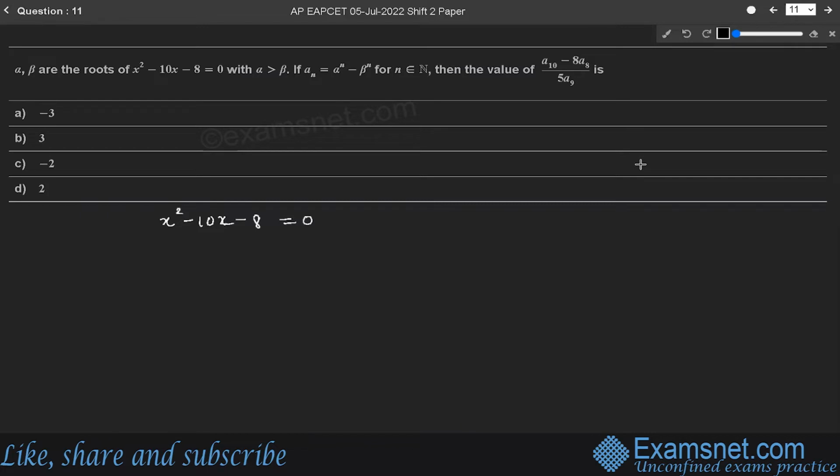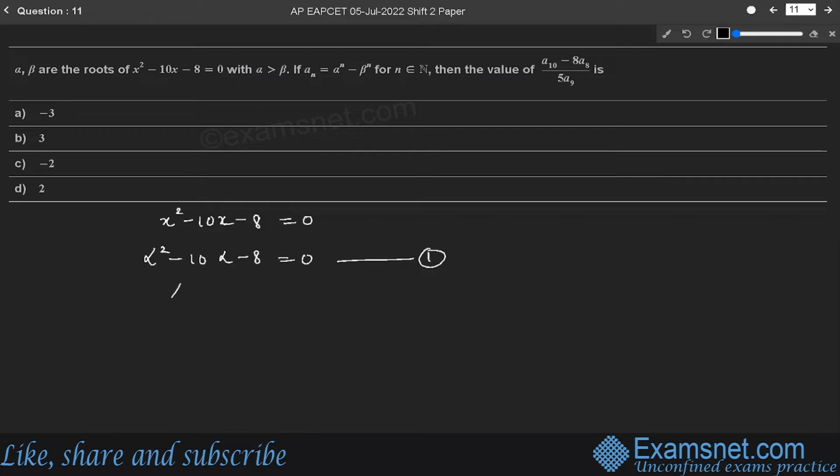If a sub n is equal to alpha power n minus beta power n for n belonging to N, then the value of (a10 minus 8a8) upon 9a9 is. It is given that alpha and beta are the roots of this equation. It means that it should satisfy the equation. So it can be written as alpha square minus 10 alpha minus 8 is equal to 0. Let this be equation number 1.